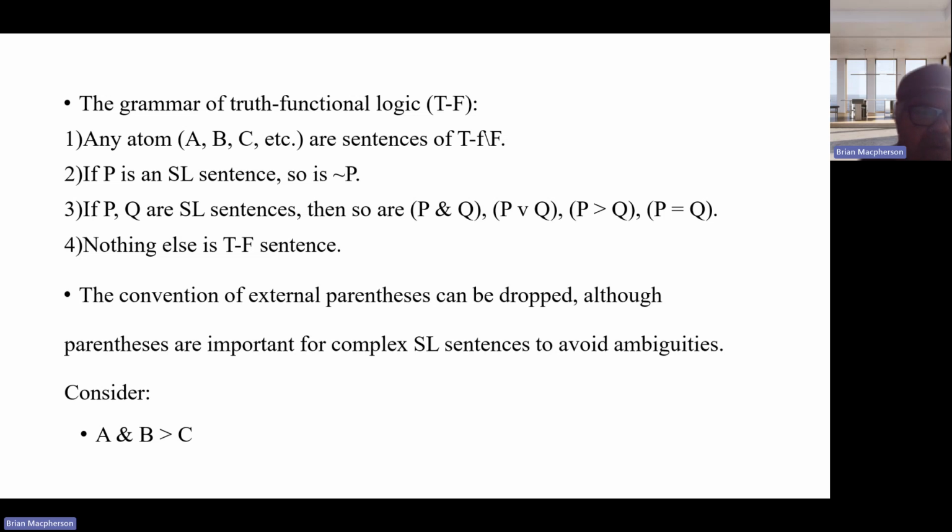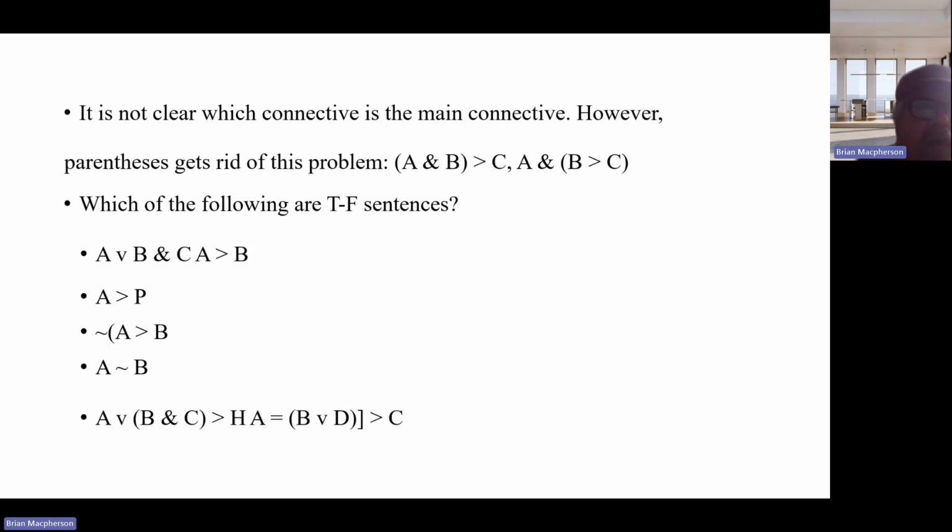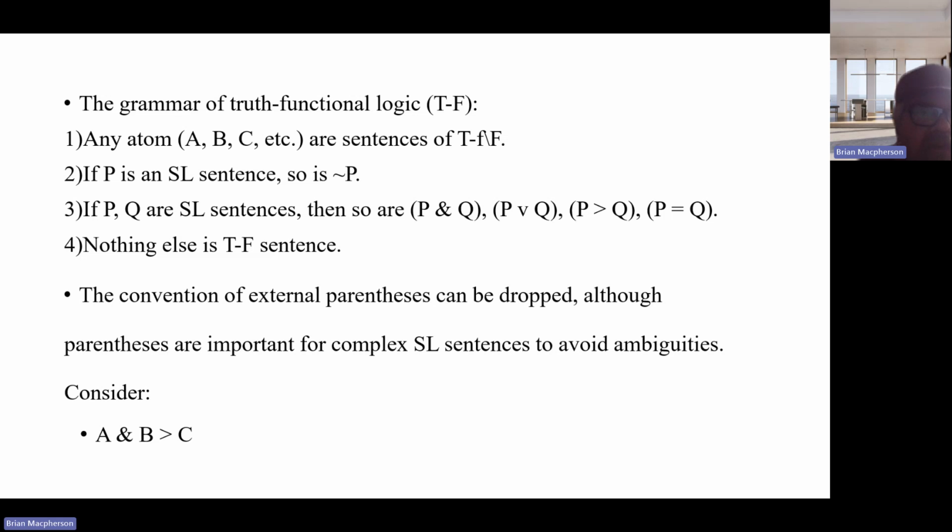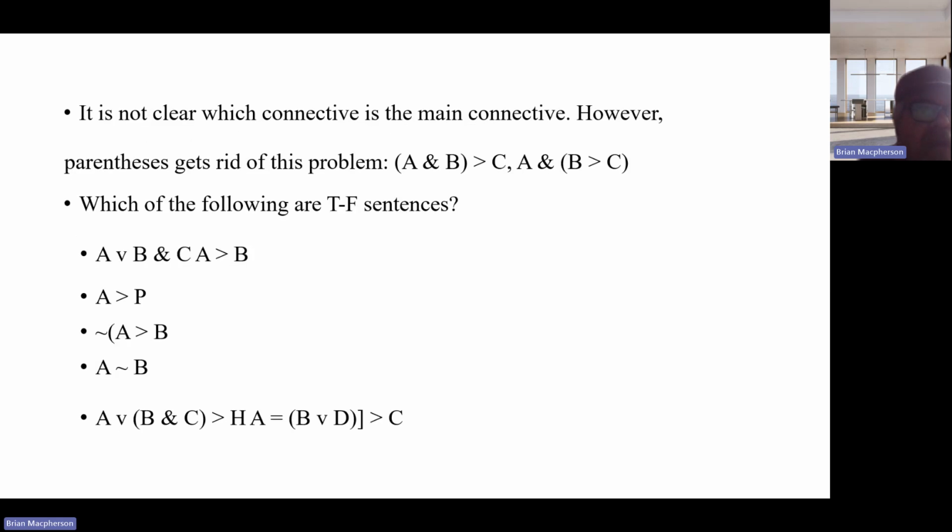All right, so consider the following. The problem with the sentence on this slide is it's not clear whether and or if then is the main connective. So to make sure that you know which is the main connective, you insert parentheses. That disambiguates the sentence.